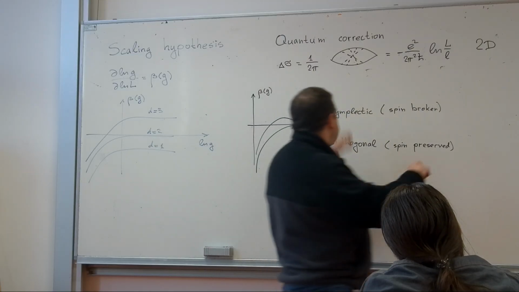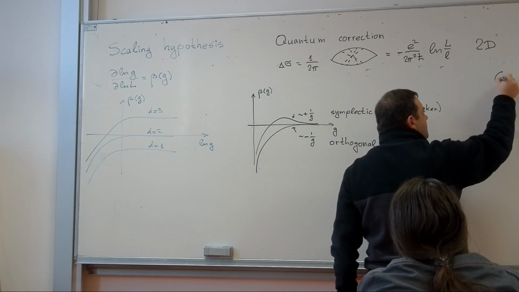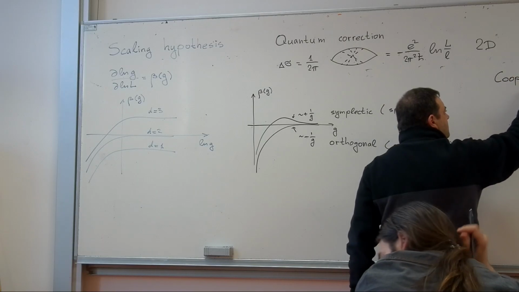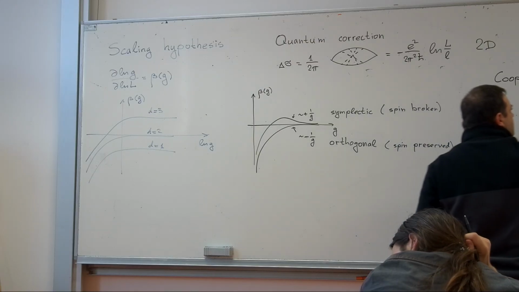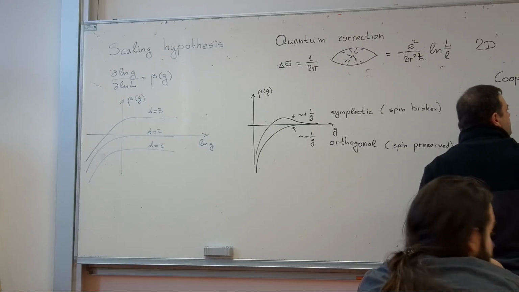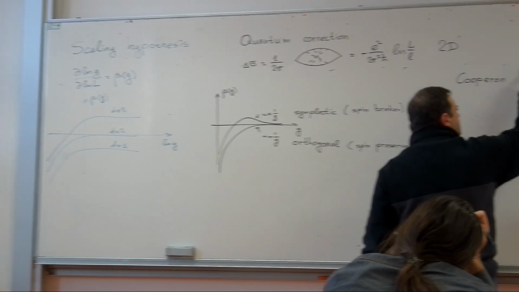And we also discussed that this diagram contains inside itself something that is called the Cooperon, which is a ladder of retarded and advanced functions pointing in the same direction.